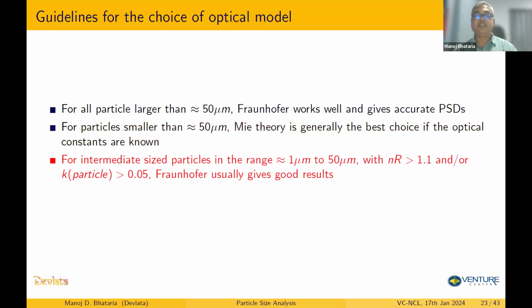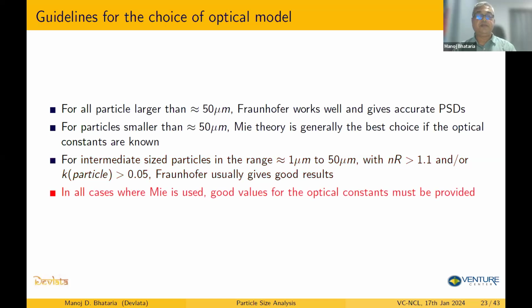Fraunhofer gives good results basically for certain sizes, and which calculation will give you the best result for your particles, you should know a priori. In most cases, Mie is good, and it can give good results if you know the optical constants properly.